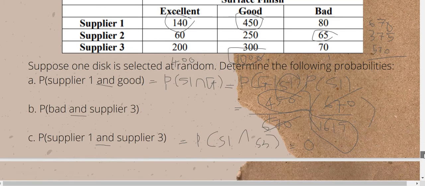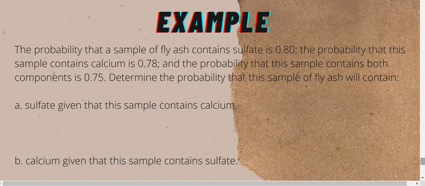Okay class, so another example. The probability that a sample of fly ash contains sulfate is 0.8, and the probability that this sample contains calcium is 0.738, and the probability that this sample contains both. Let me write here.